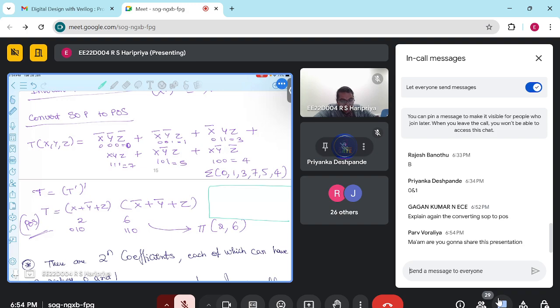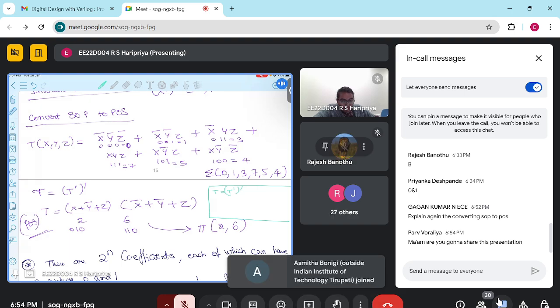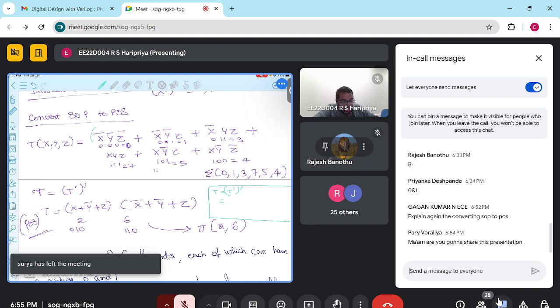So I will write here. So T is equal to T complement complement. Now if we take the complement of this expression and then complement it, the inner complement will give the terms which are not included in it, which is like x complement y z complement plus xy z complement, now whole complement.